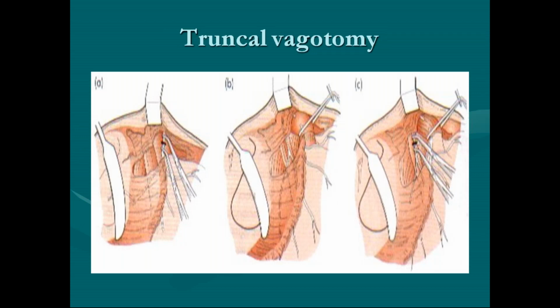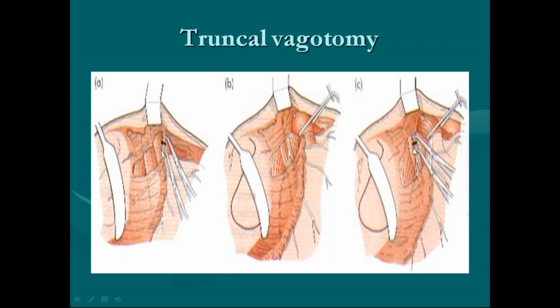So in this picture, I'll show you. See, this is the vagus nerve. Okay, so if this is the anterior vagus, you are trying to ligate and you are going to separate it. This is the anterior vagus. Now it is pulled laterally, and you can observe the posterior vagus now. And now this is also being ligated and cut.